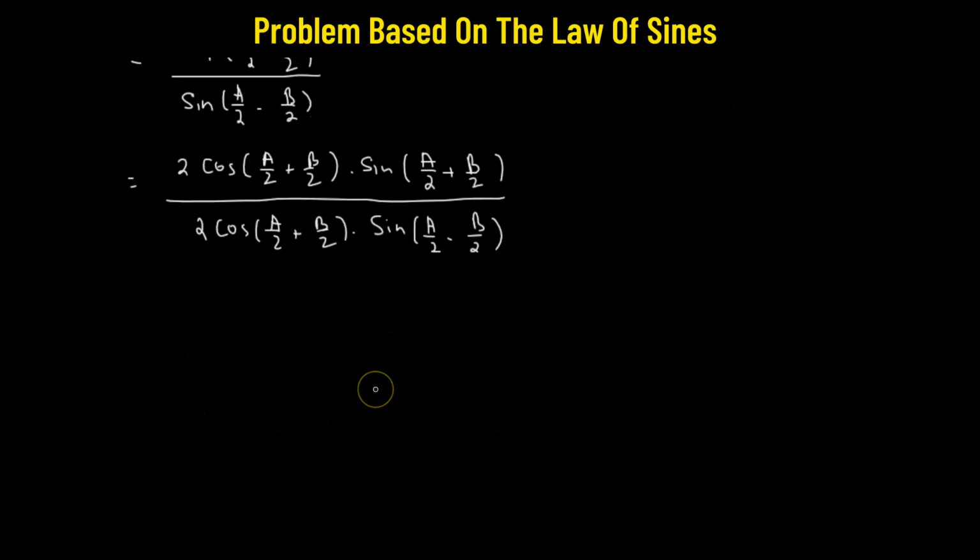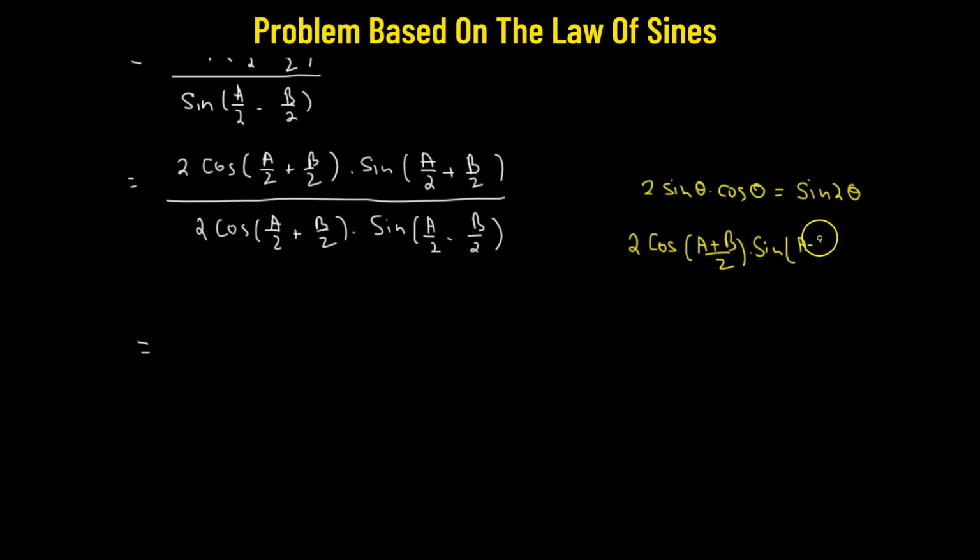Now we have an identity in the numerator as well as in the denominator. The numerator is 2 times cosine theta times sine theta, let me note it here. So we have 2 times sine theta times cosine theta in the numerator, which will be sine of 2 theta. And in the denominator, we have 2 times cosine of (A plus B) over 2 multiplied by sine of (A minus B) over 2, so that is actually sine A minus sine B. So let's replace this value here.